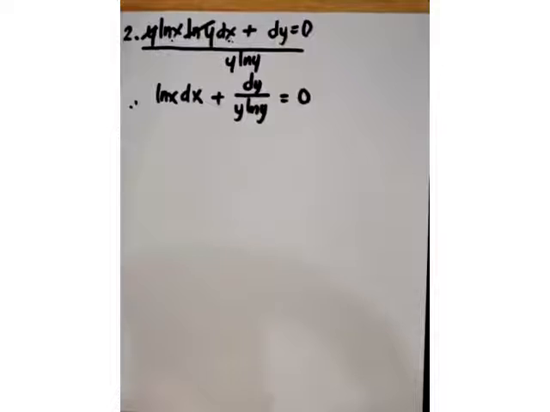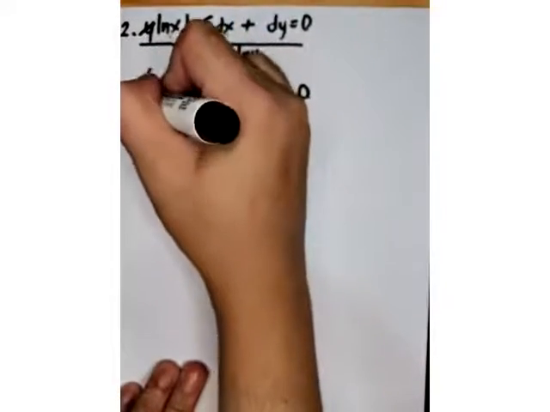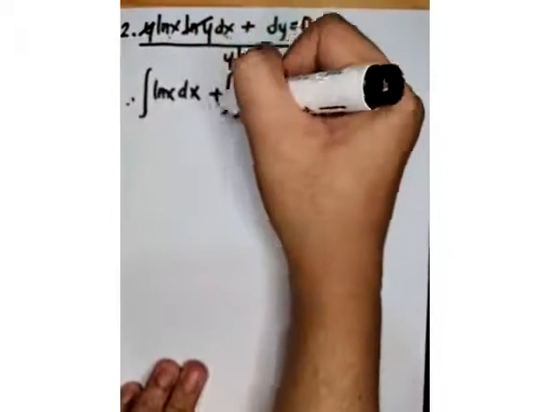Ayan. Okay? ln of x dx plus dy over y ln of y. So, since completely segregated and separated na sila, so we can now integrate both terms.